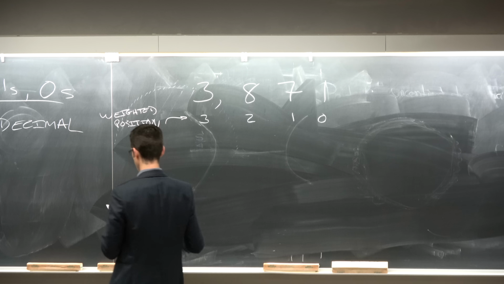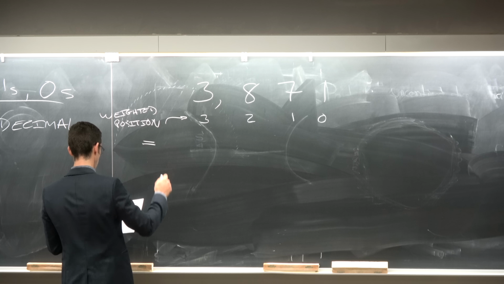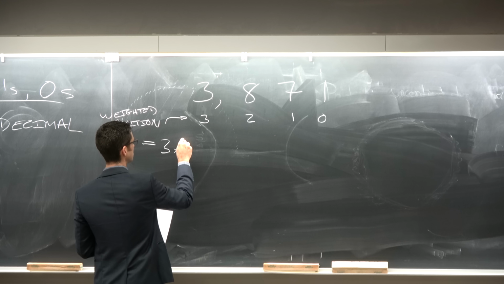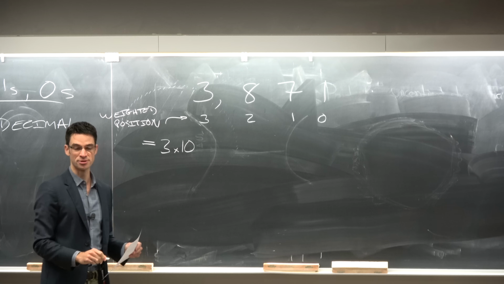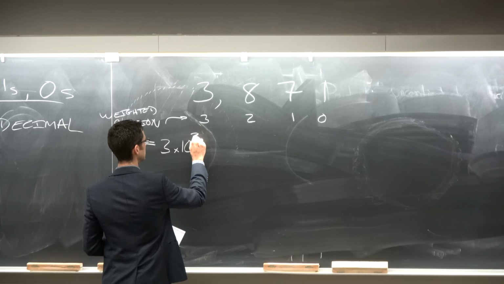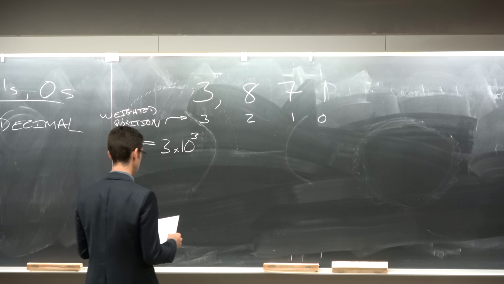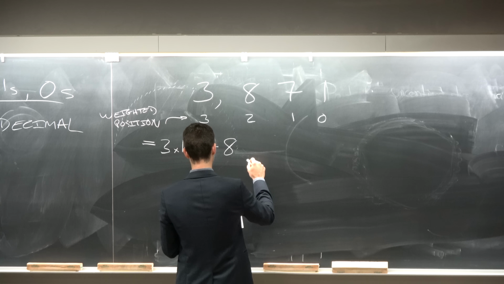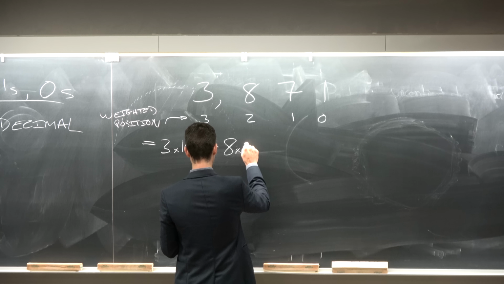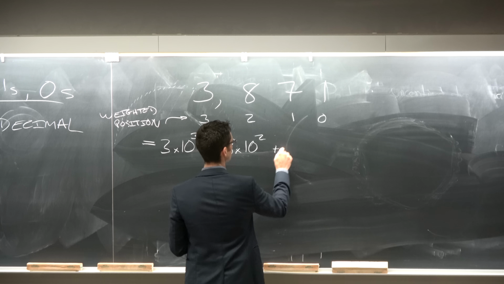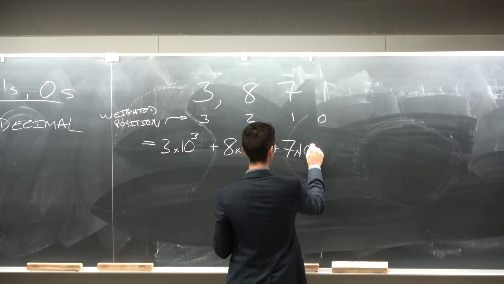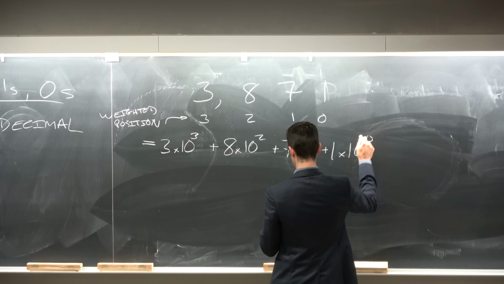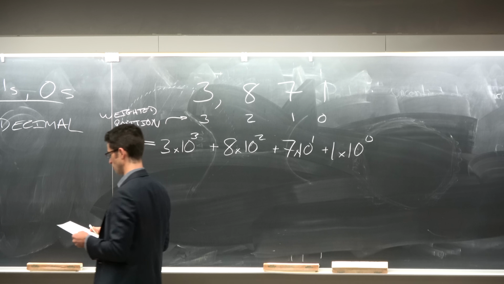And we're saying this is a coefficient times the number system, which is 10 for decimal, raised to the power of the weighted position. So 3 times 10 to the 3, plus 8 times 10 to the 2, plus 7 times 10 to the 1, plus 1 times 10 to the 0.